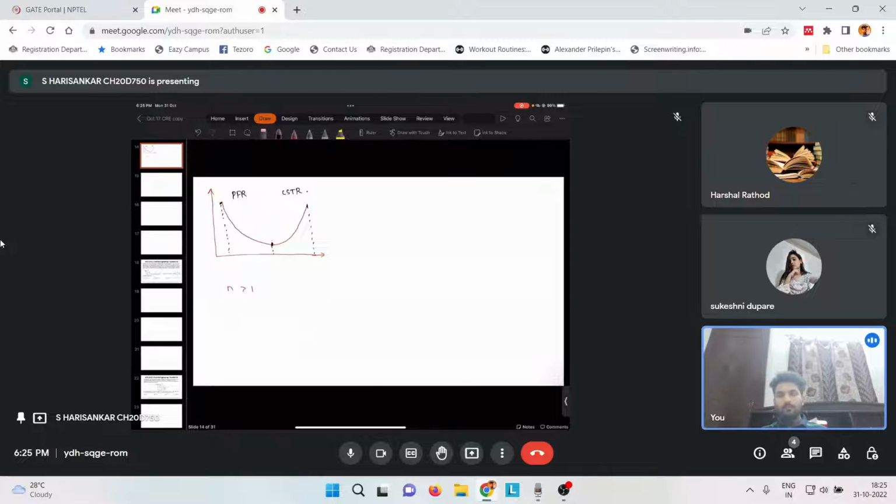Okay, so the first case, the volume under PFR, this will be our volume. Now, in the case of CSTR, the volume will be like this. This is according to what we just learned, PFR followed by CSTR. Now, I'll show you another case here, the same autocatalytic reaction, if we just reverse the order.